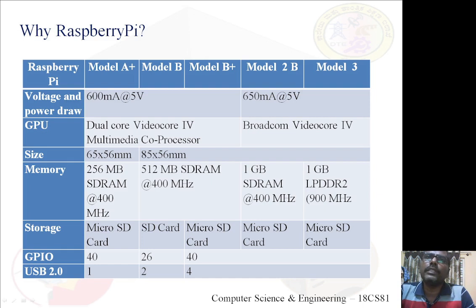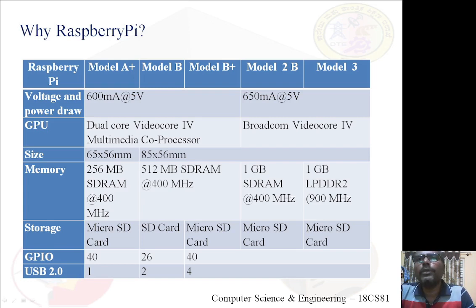With respect to size, Model A Plus is 65 by 56 millimeters, whereas the other models are 85 by 56 millimeters. Now, with respect to inbuilt memory, that is RAM, Model A Plus has 256 MB SDRAM at 400 MHz, whereas Model B and B Plus have 512 MB SDRAM at 400 MHz.